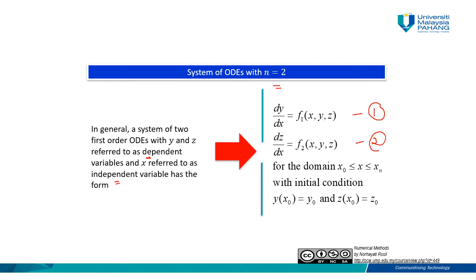Given to us also is the domain, or we call it the interval, with the initial conditions. Since we have two differential equations, we will have two initial conditions. The first one for y naught and the second one for z naught.